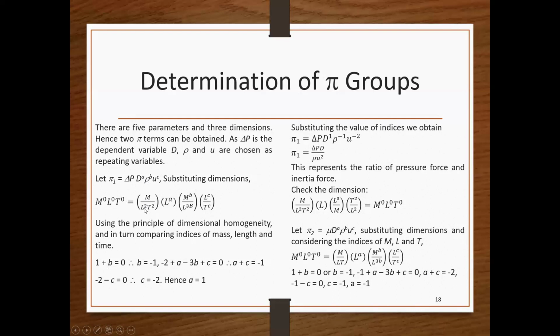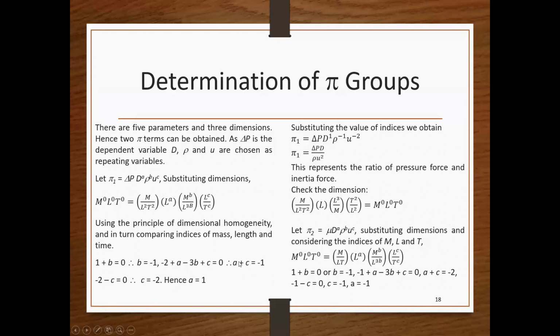Next is L. L has negative 2 as the exponent: negative 2 plus a minus 3b plus c is equal to 0. Substitute b as negative 1, and it becomes a plus c is equal to negative 1. Next is T, time: negative 2 and negative c equals 0, so c is equal to negative 2.